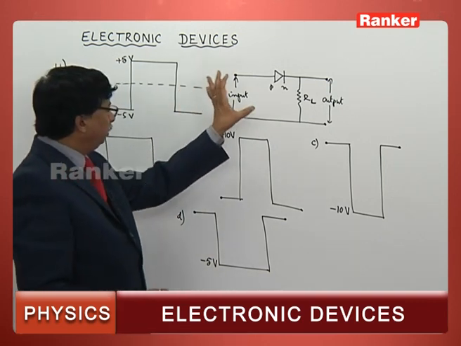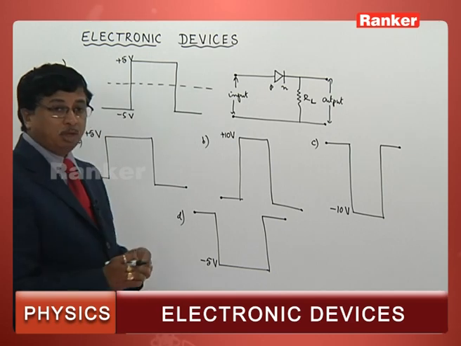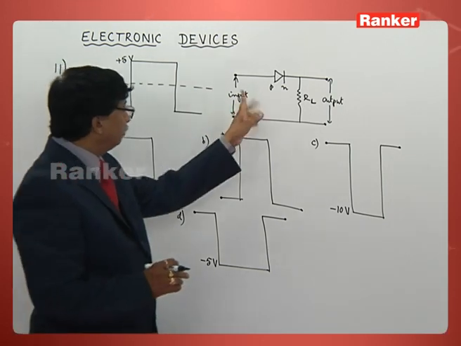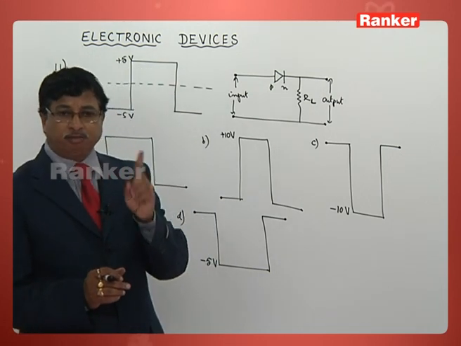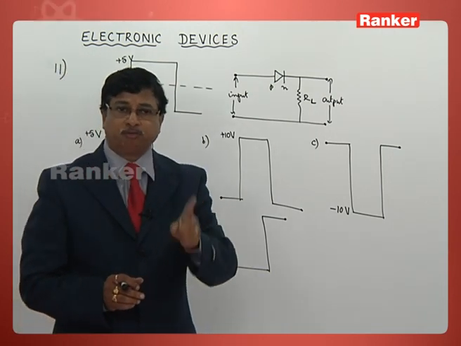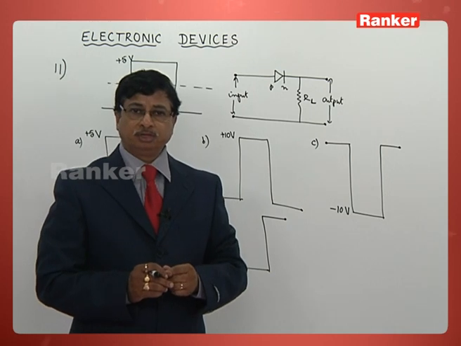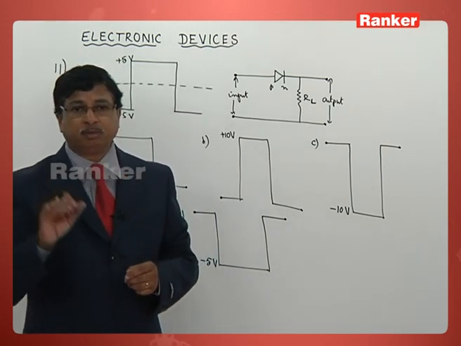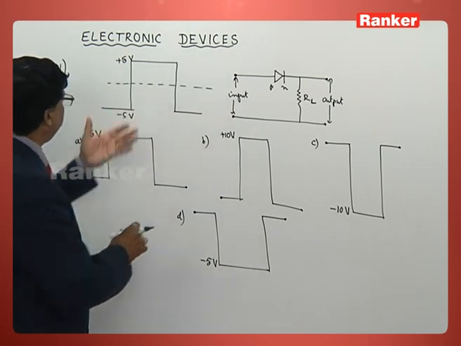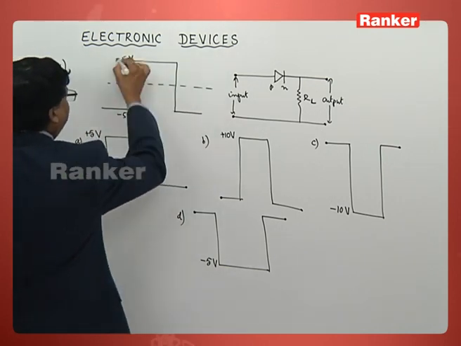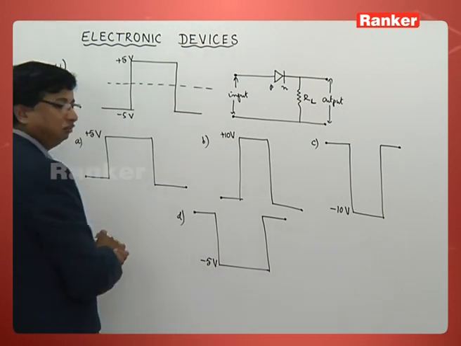He is talking about a PN junction diode. The moment he says PN junction diode, everyone should recollect the fact that it works only in forward biasing. It does not function in reverse biasing, we know it. Then if this is the input signal, only half of that signal will come out.